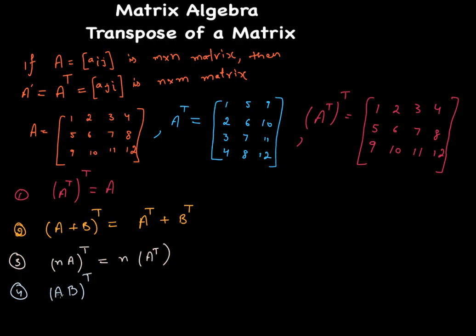The transpose of the product of those two matrices is going to be equal to the transpose of matrix B times the transpose of matrix A. Again, really useful. You can use these properties of the matrix transpose to solve problems.